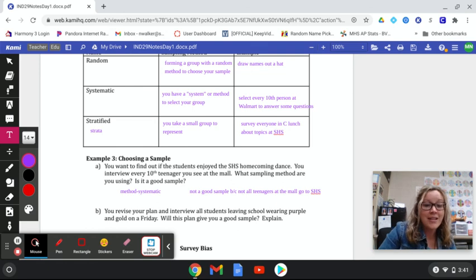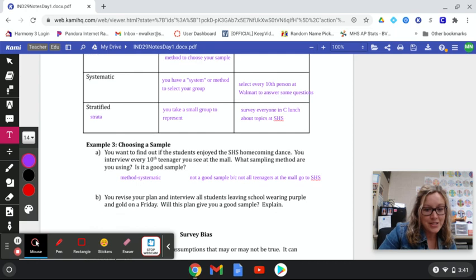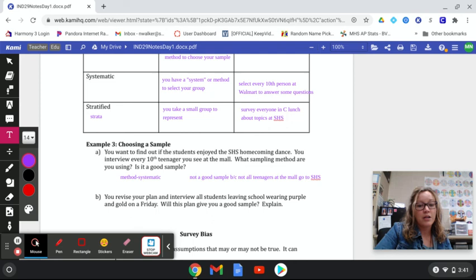Now for the second example, it says you revise your plan and interview all students leaving the school wearing purple and gold on a Friday. Will this plan give you a good sample? Explain. All right, so what kind of method is this? If I'm only going to ask the people wearing purple and gold on a Friday, I'm not asking anybody wearing red, I'm not asking anybody wearing blue.